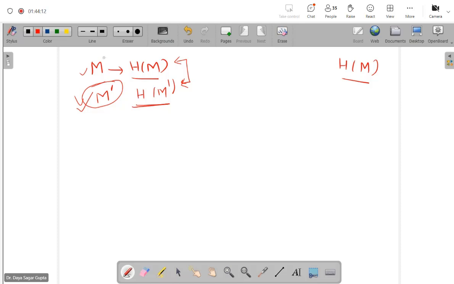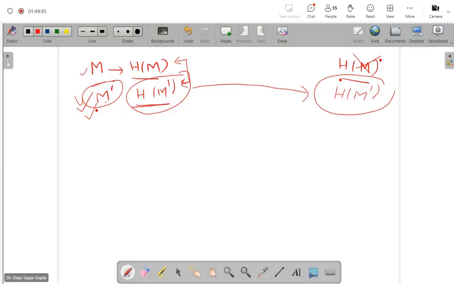But what if the attacker changes this m, and along with it h of m is also changed and stored in the same place where h of m was stored. Now the authenticated user checks the message that is coming, and its hash value is h of m dash, which matches the stored hash value, which is also h of m dash.